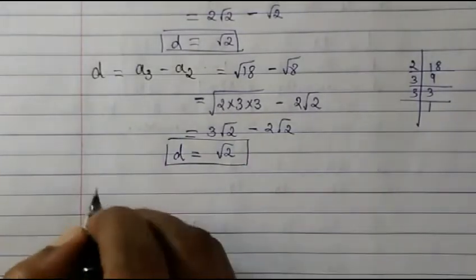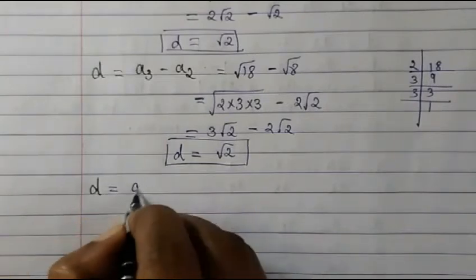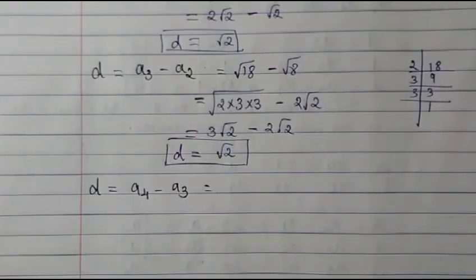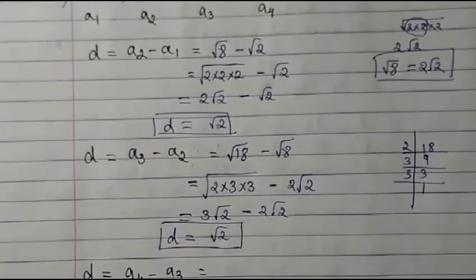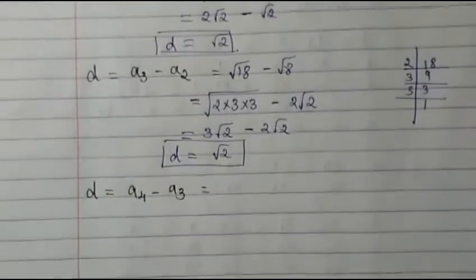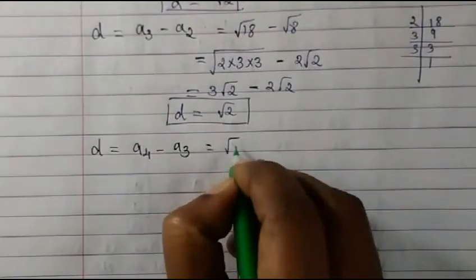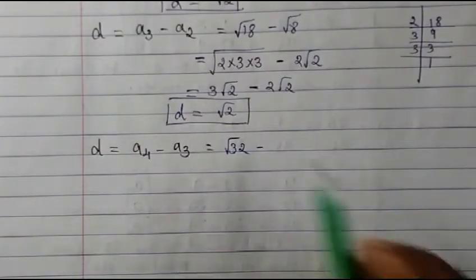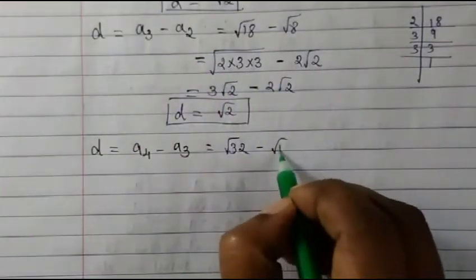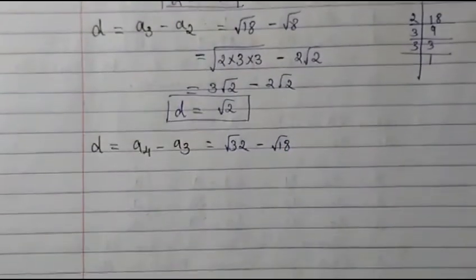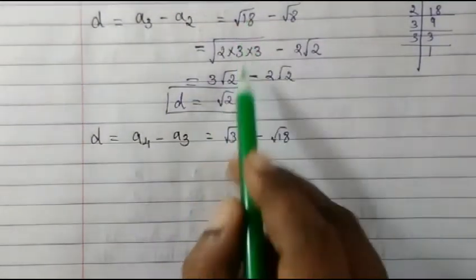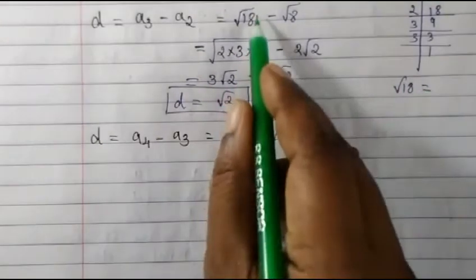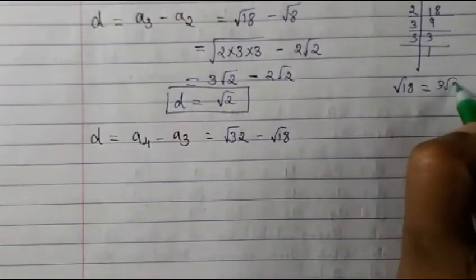Now let's see the last one, d equals A4 minus A3. A4 is root 32 minus A3, which was root 18. Here root 18 we have made into 3 root 2.